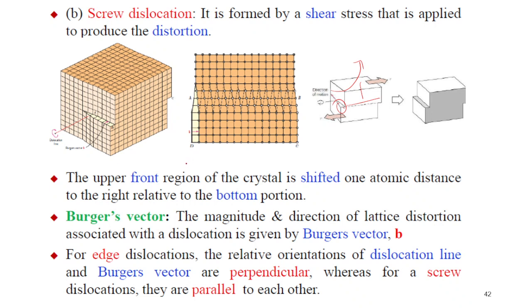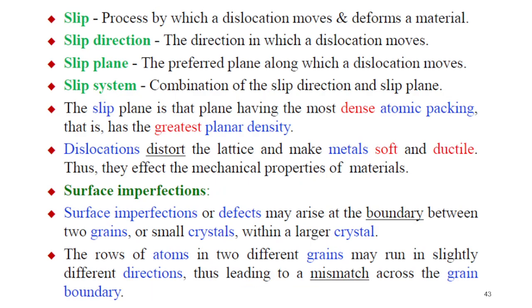In this case the Burgers vector and the screw dislocation are parallel to each other. Also, the dislocation line and Burgers vector are perpendicular in the edge case. So this you just have to know.